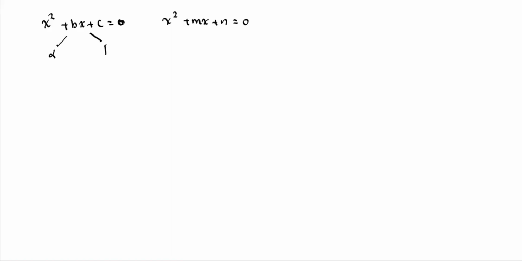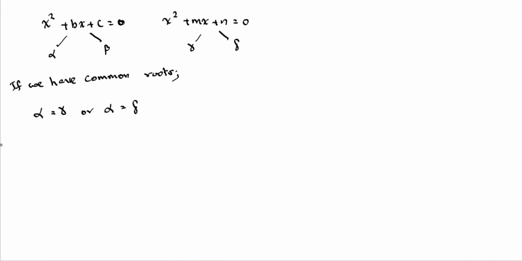You have two roots alpha and beta. You have two roots gamma and delta. If we have common roots, this would tell that alpha should be equal to gamma or alpha should be equal to delta. Or else you can also say beta should be equal to gamma or beta should be equal to delta. These are the four options.